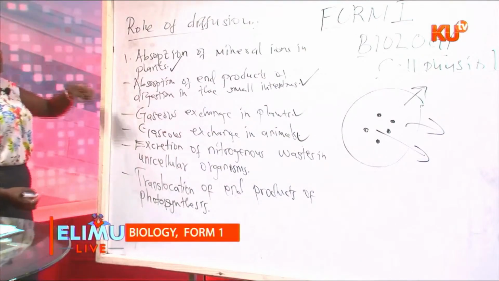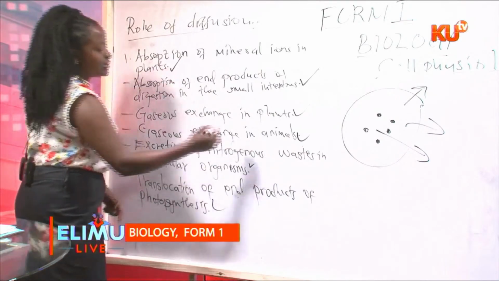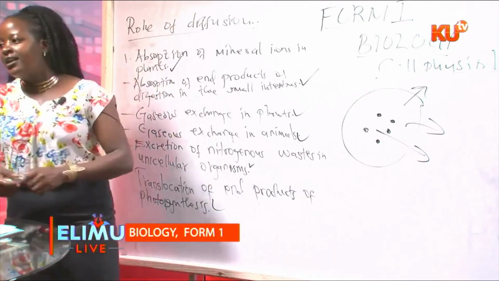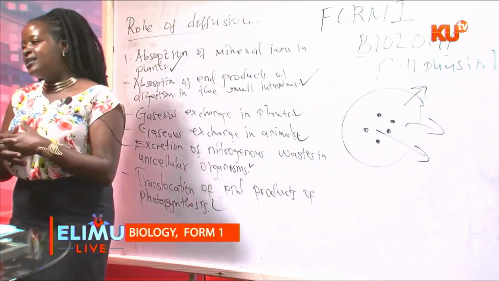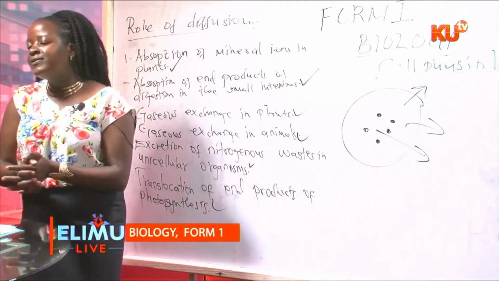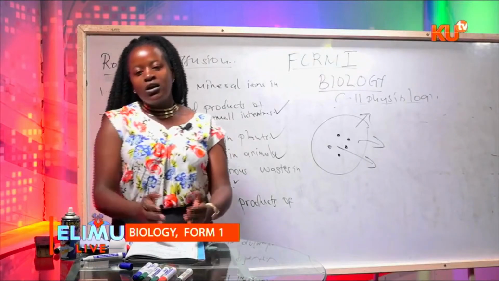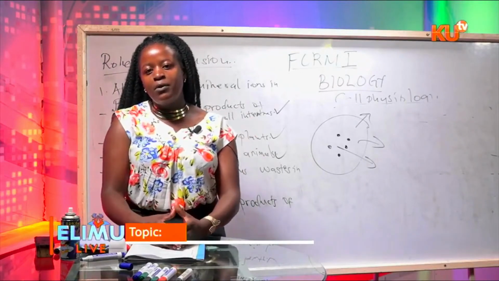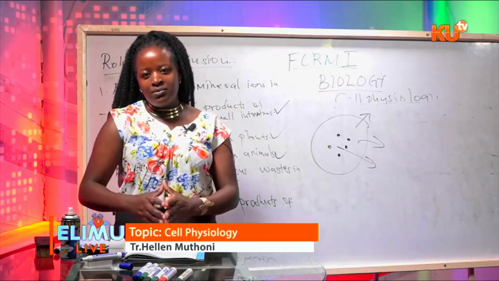Lastly, we have translocation of end products of photosynthesis. Translocation is the process where end products of photosynthesis, such as glucose, are removed from the leaves and transported to the rest of the plant. Because the leaves are the major points where photosynthesis takes place, this glucose cannot be retained here.